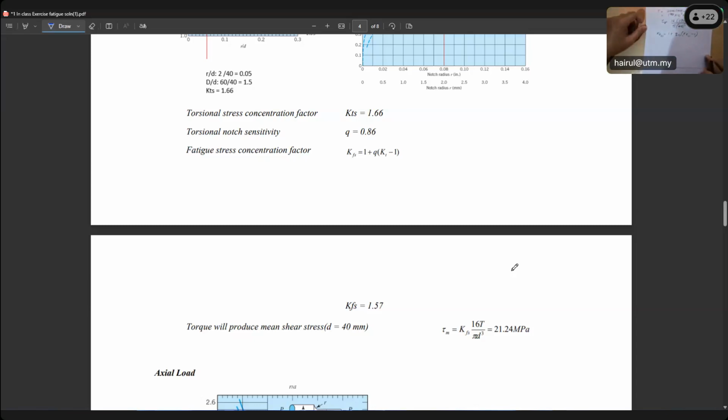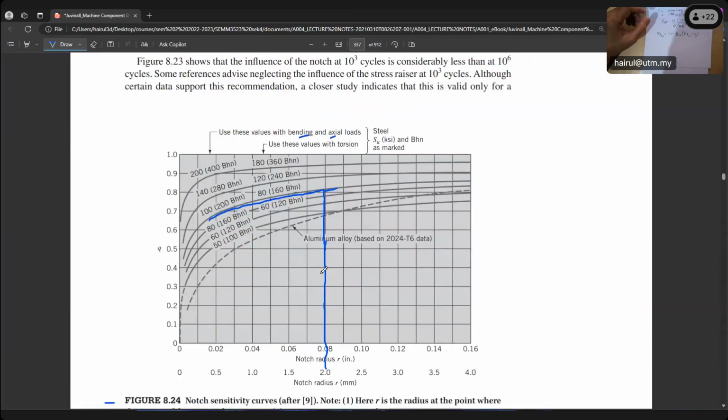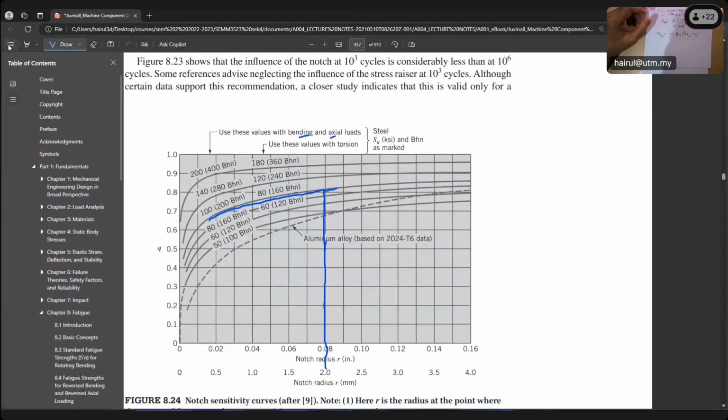Because we are focusing at the shoulder, the bigger diameter is 60, the smaller diameter is 40, and the notch radius is 2. So we go back, look here, to chapter 4 in your textbook.